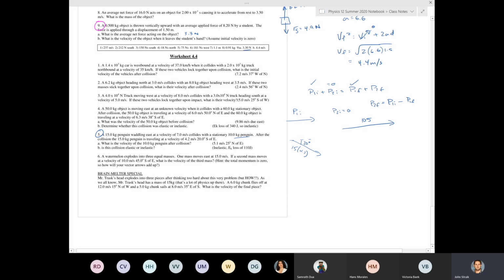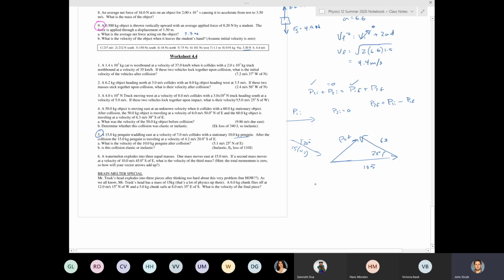And so instead of going 20 degrees south of east, we're going 20 degrees north of west, which is, I totally drew this wrong. So there's our 105, and then we're going up like this, and this is 15 times 4.2, so that's 63. Let me draw this arrow a little bit bigger, and then this is going to be our P2F. And this is 20 degrees.